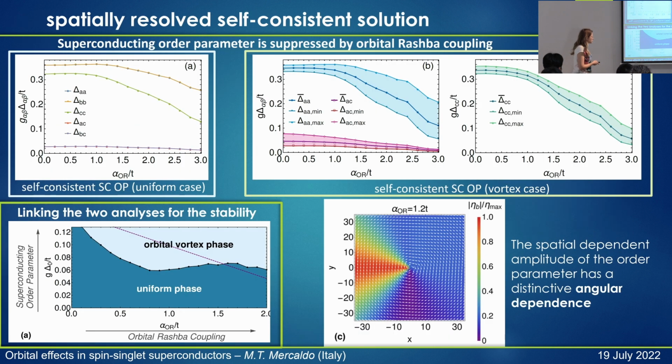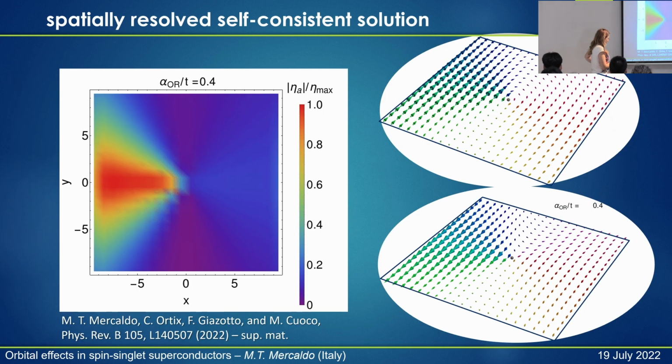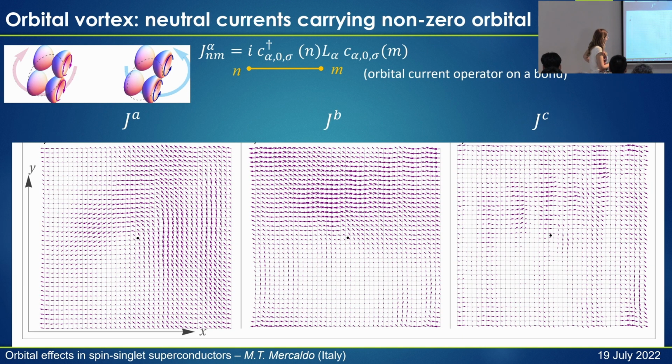This is the reason. And also, when we do this self-consistent analysis, we see that the spatial dependence of the amplitude is not uniform. That's why we have here a maximum, and then it's sort of reducing. Okay, I skipped the animation.